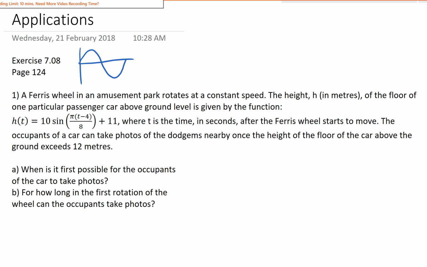sketching our standard graph. So our standard y equals sine x graph, remember, goes through 2 pi and pi just there. But now what does this 11 do to my graph? That 11 moves the baseline up 11, and this 10 makes the amplitude 10.